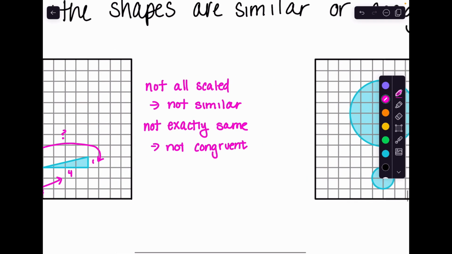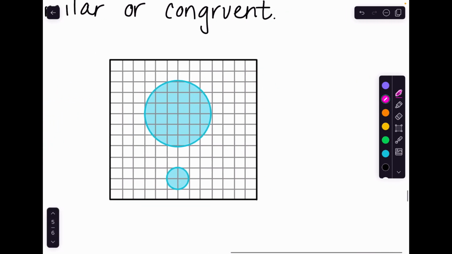Okay. Trying the next one for B, we've got two circles here, and circles are super nice because they're always going to be similar to each other. But if you kind of break this down, remember this has a radius, which is our important quantity. This radius is 3, so the distance from the center out to any edge is 3. And likewise here, the distance out from the center to any edge is 1.